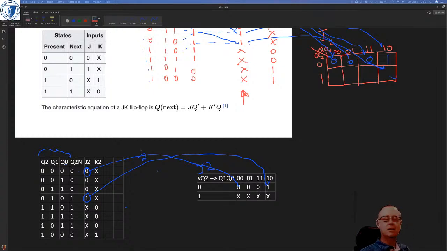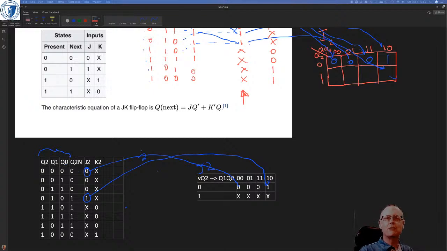I just had a question about, do we make 2 separate K-maps for like Q1 and Q1 next, and then Q0 and Q0 next as well? Yes, except we're going to have to do a K-map for J2 and a K-map for K2, and then a K-map for J1 and K1, and then a K-map for J0 and K0, right?